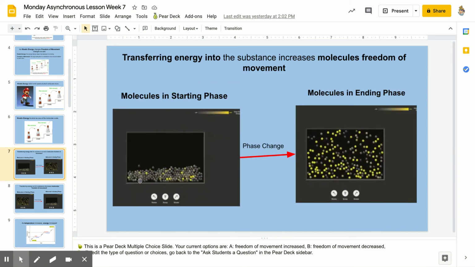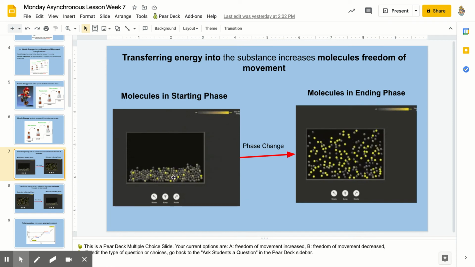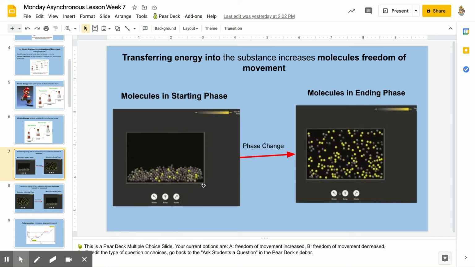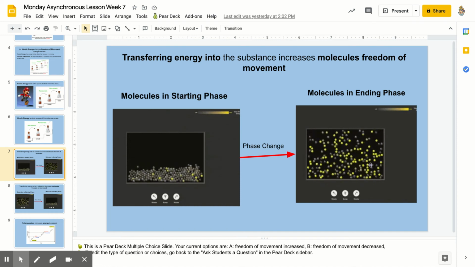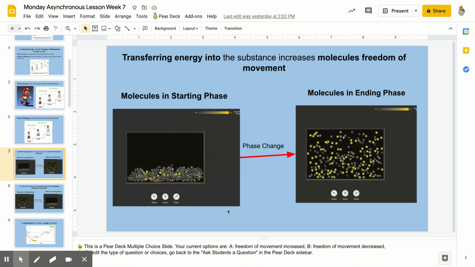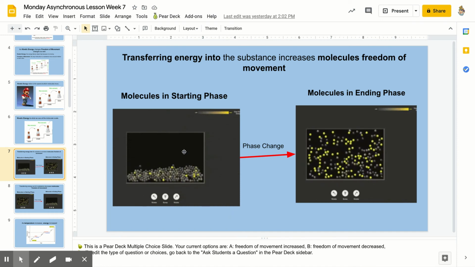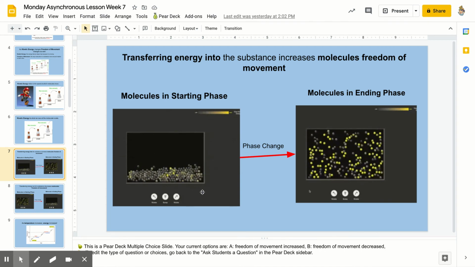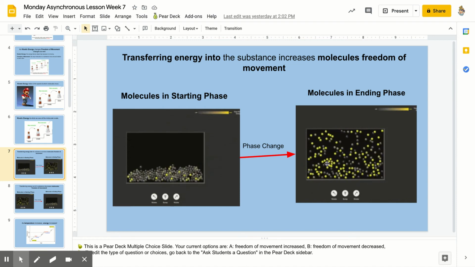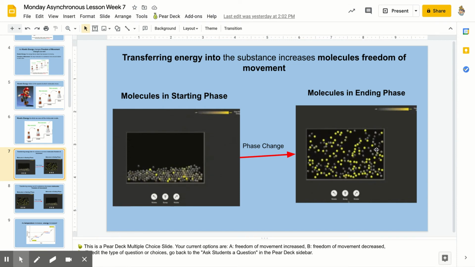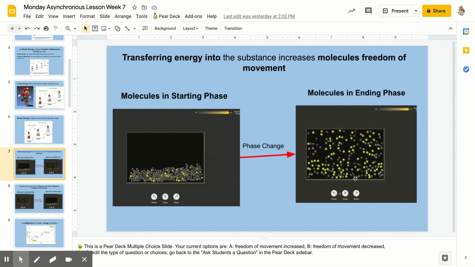Circling back, remember that transferring energy into a substance increases the molecules' freedom of movement. When we transfer energy into the substance in the starting phase, it will increase the ability of the molecules to move around. Those molecules will start to move around a lot more.